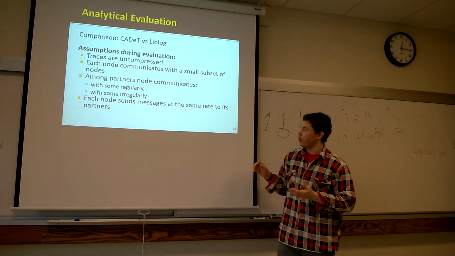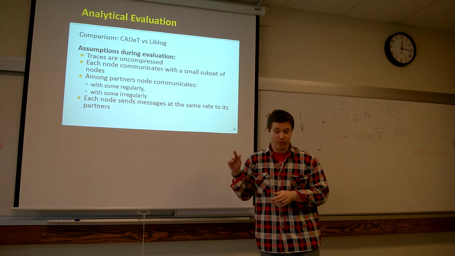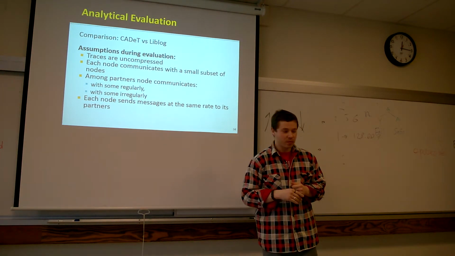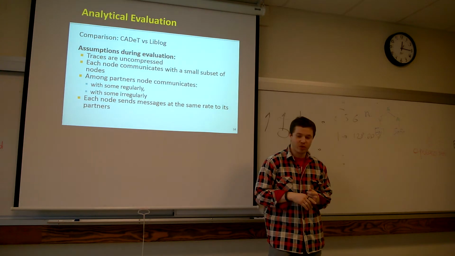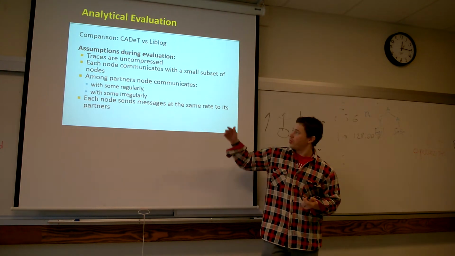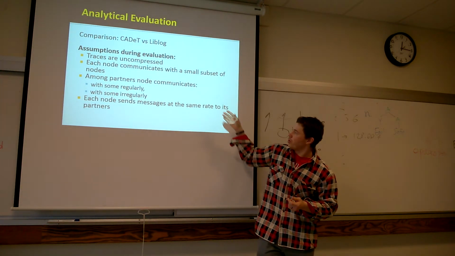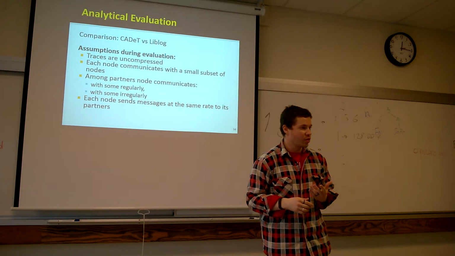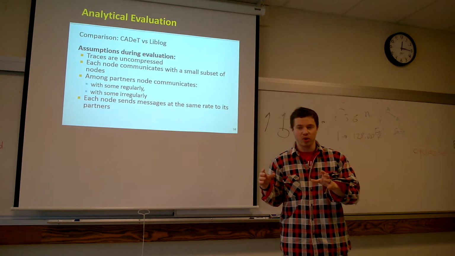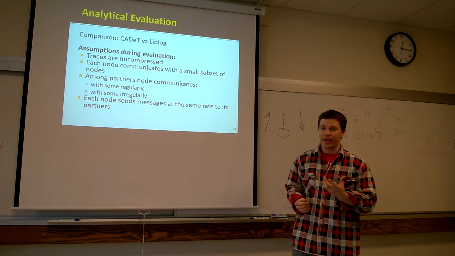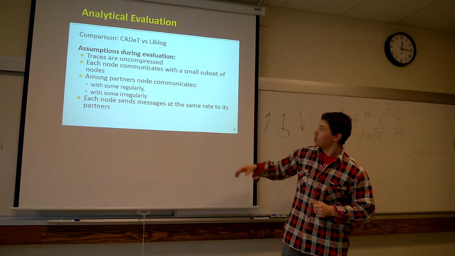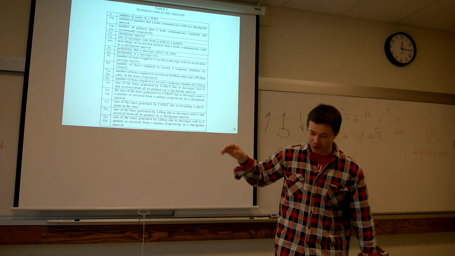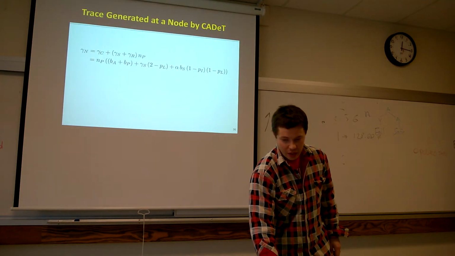Now to evaluation, real quick. First of all, they compare to liblog traces. They made several assumptions as described here. They made these assumptions in order to bring liblog closer to how CADET operates. So it's all described here. I will skip over all this notation and the formulas.